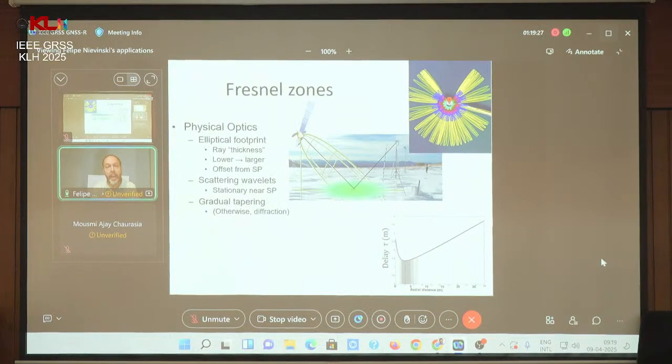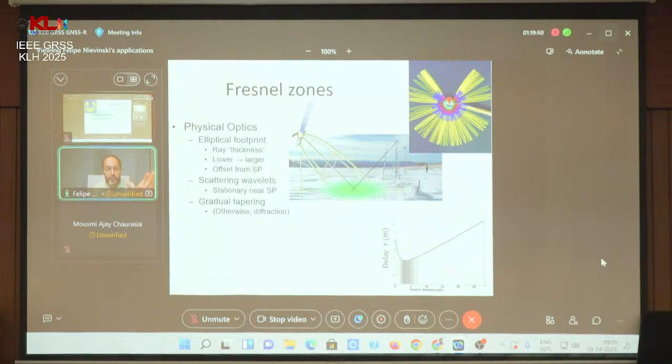So if you take an average, they reinforce each other. Whereas away from the specular point, these physical wavelengths have very different phase. So when you take an average away from the specular point, the result is near zero.